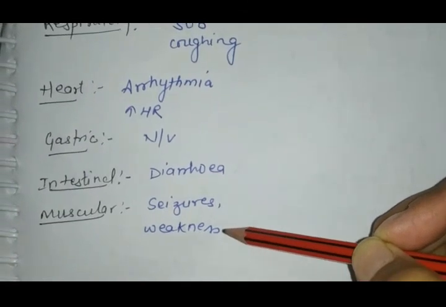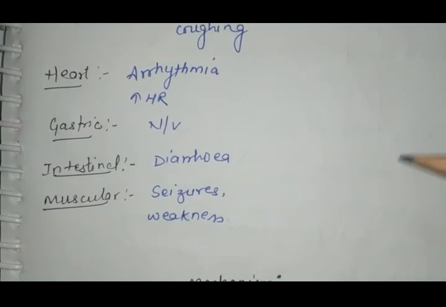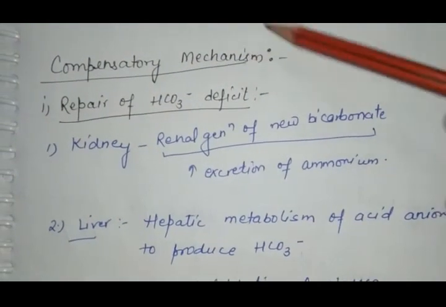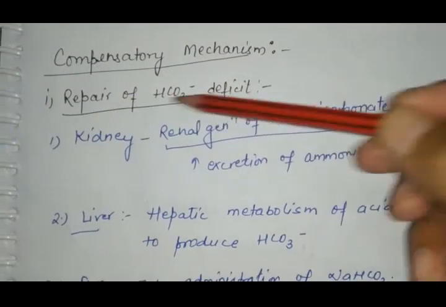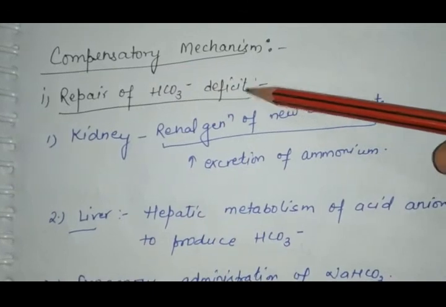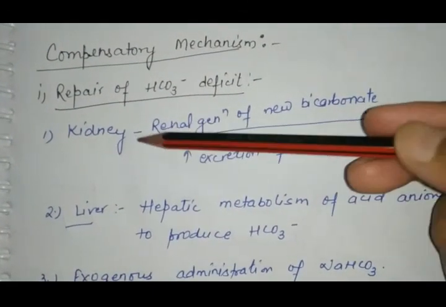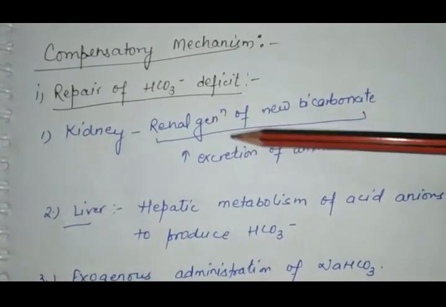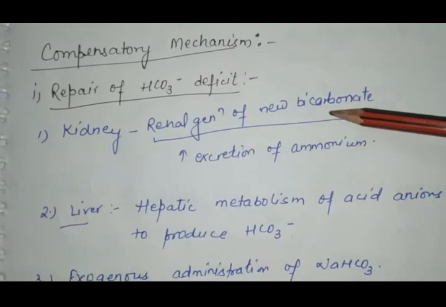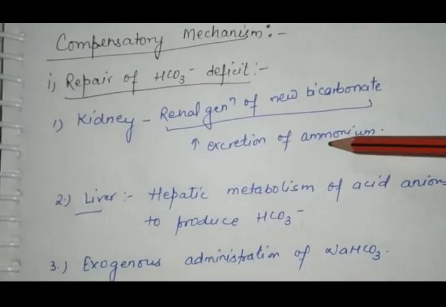Now we will see how the body compensates if the person is having metabolic acidosis. There are two compensatory mechanisms. One is repair of bicarbonate deficit. The bicarbonate that is decreased, we have to repair it. First is the kidney: renal generation of new bicarbonate ion, released by excretion of ammonium ion.